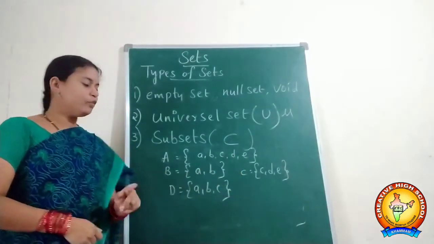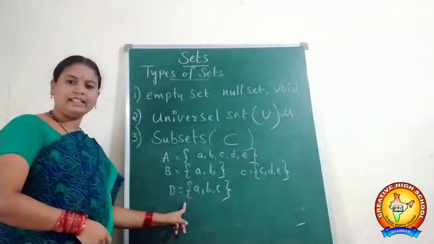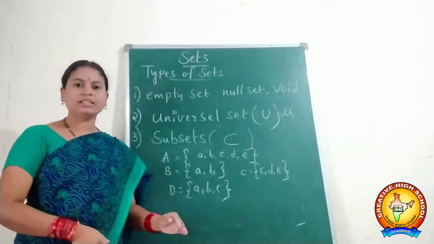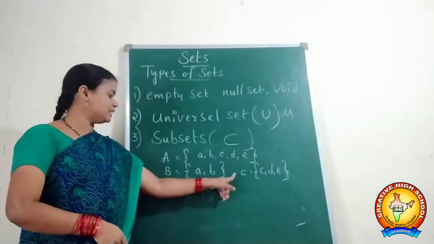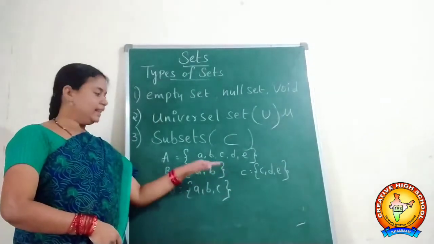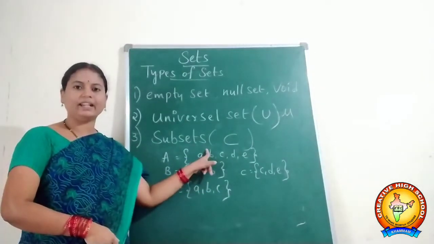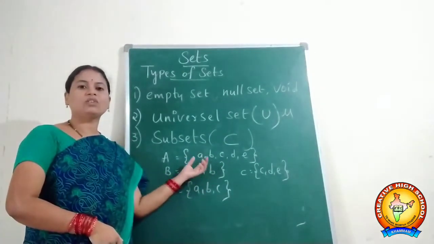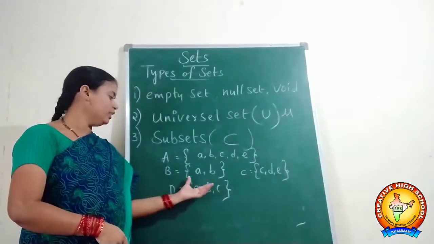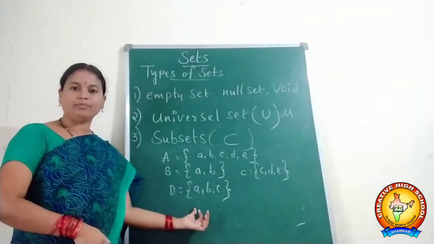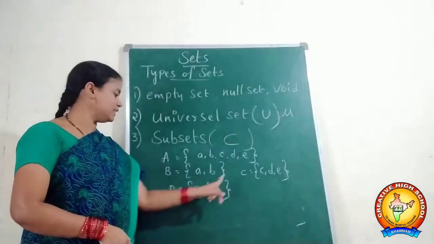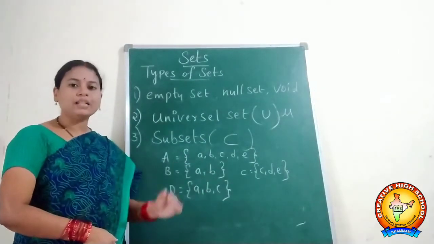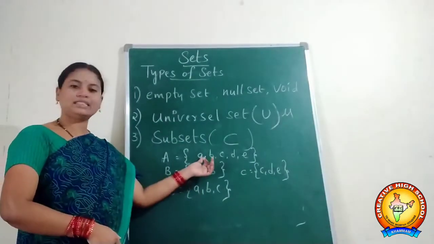The elements present in set B, set C, set D are all present in set A. So that's why set A is called the universal set of set B, set C and set D, and set B, set C, set D are called the subsets of set A.